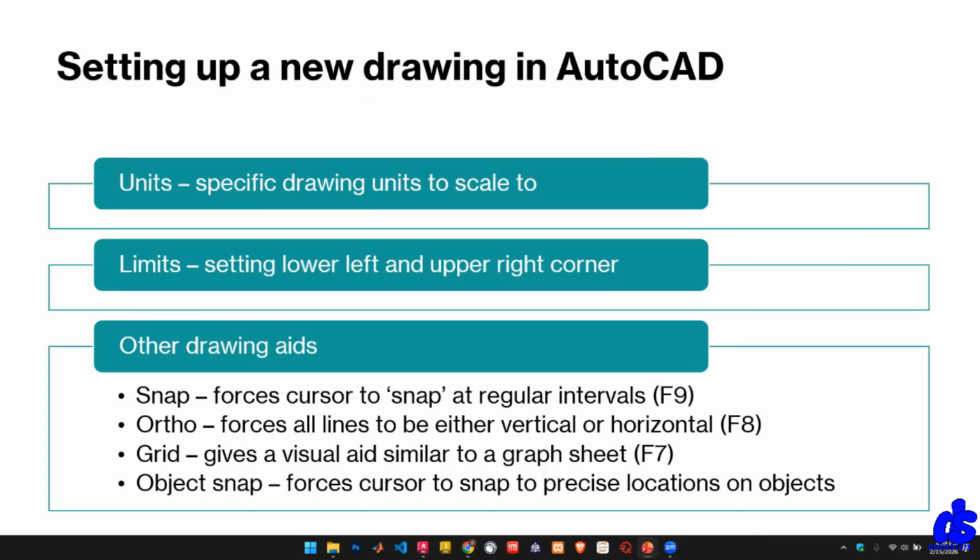We also have the ortho, which forces all lines to be either vertical or horizontal, and the shortcut key is F8. We also have the object snap, which snaps to key geometry like endpoints, midpoints, center lines, such points like that.